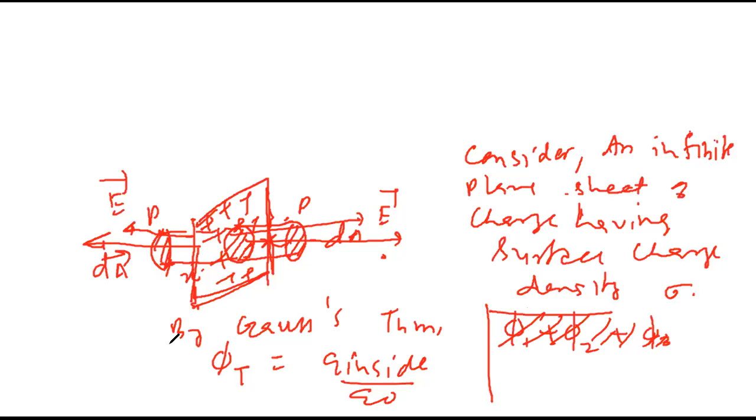Sir, phi 3 will be perpendicular so it will become 0. Only phi 1 and phi 2 will remain. Yes. Can I clear this diagram? Yes.